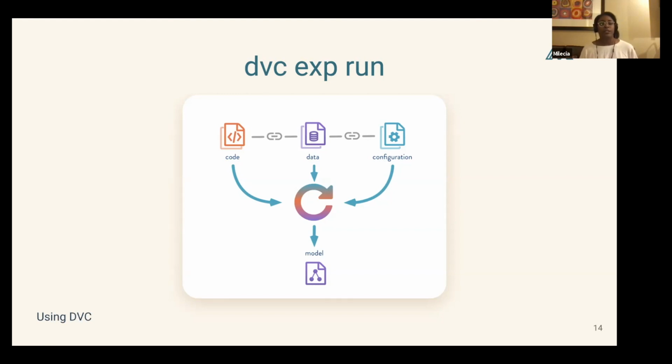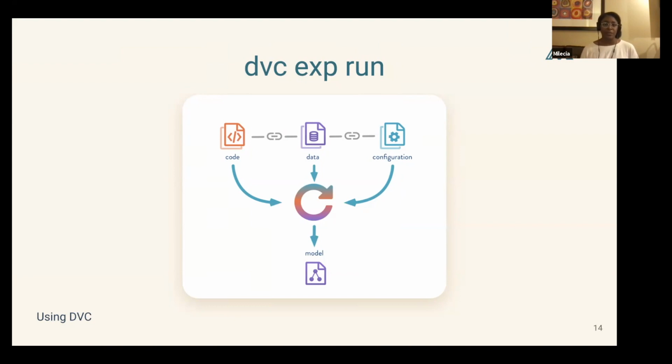And what it does, it takes your code, your data, and any configs like your hyperparams, bundles it together, and then you have your reproducible little packet that lets you go back to any experiment because it has a record of the exact environment that you ran this experiment in, which if you've ever had to deploy a model to a different environment, you know how much of a difference that can make when you don't have the exact same conditions. So DVC is just one of those tools that lets you pack all of this together without you having to really think about it.